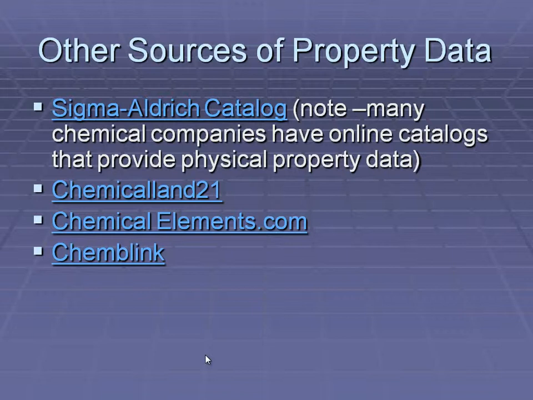Sigma Aldrich is a very big company, and they sell research quantities of chemicals. You can go to the Sigma Aldrich catalog and search for a certain substance that they sell, and they will list many of the physical properties. Some other good sources are Chemical Land 21, chemicalelements.com, and ChemBlink.